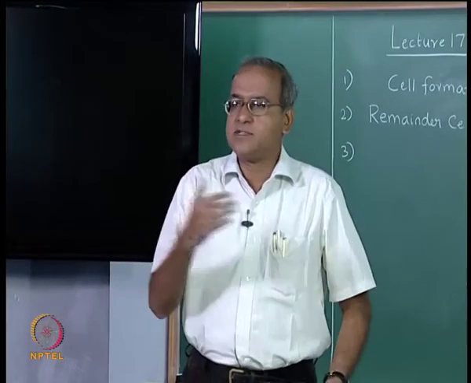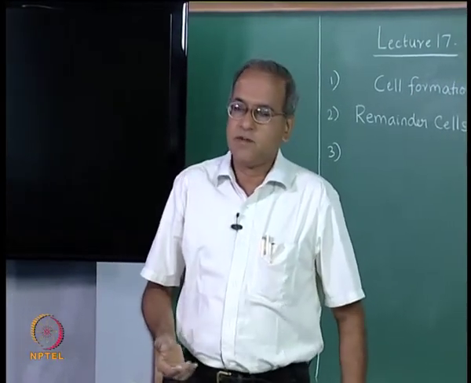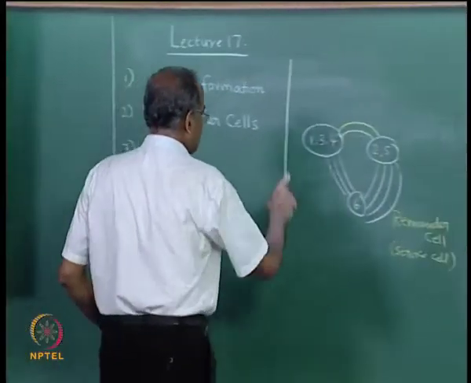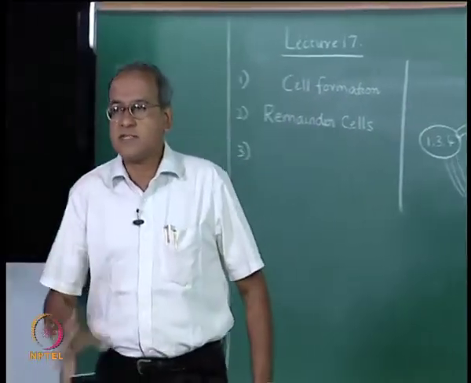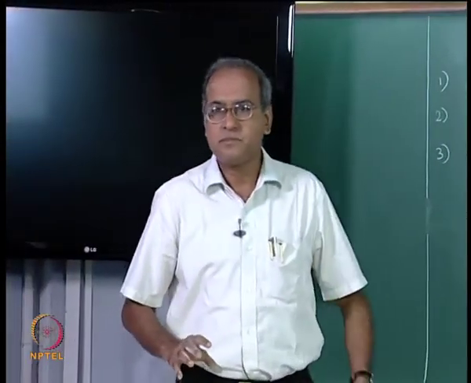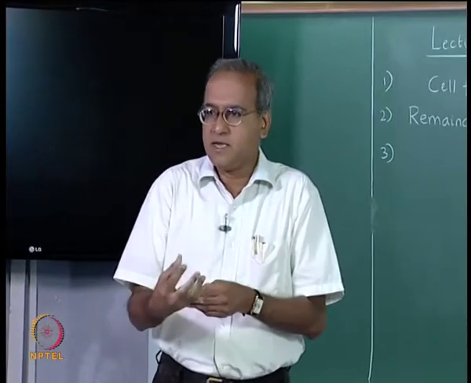These are not counted as intercell moves, whereas moves only between these are counted as intercell moves. Now such an idea is called a service cell or a remainder cell.